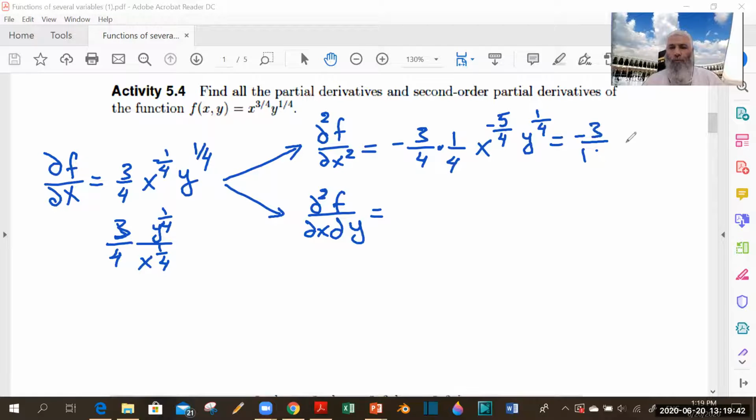So this is minus 3 over 16, x to the power minus 5 over 4, y to the power 1 over 4.